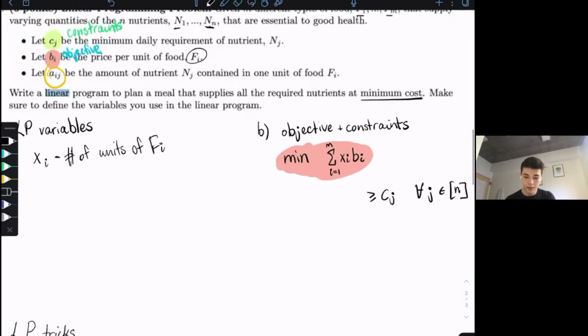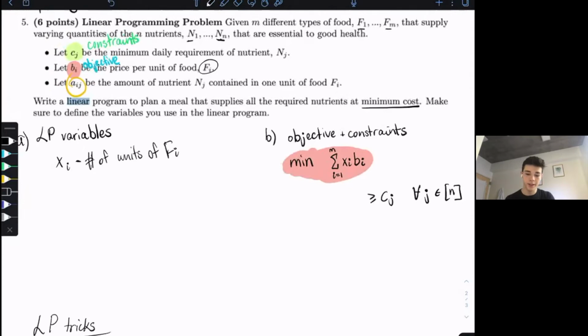Well, we're going to see how much each food item contributes of this nutrient. So we're going to need to sum over all the food items from 1 to m, and aij is going to give us how many nutrients of type j we get for this food item, and then the amount of this we buy is going to be xi.